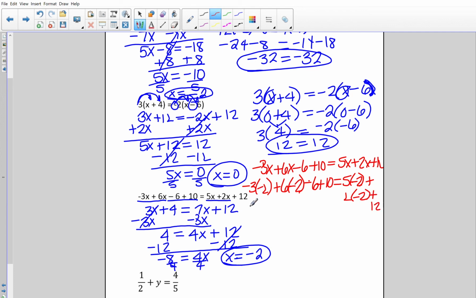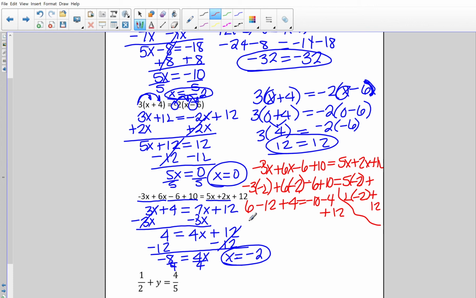So this is going to give me a positive 6, and this is going to give me a negative 12, and then this is still going to give me a positive 4, and then on this side I have negative 10, I have negative 4, and positive 12. Okay, so I'm kind of working away from that.